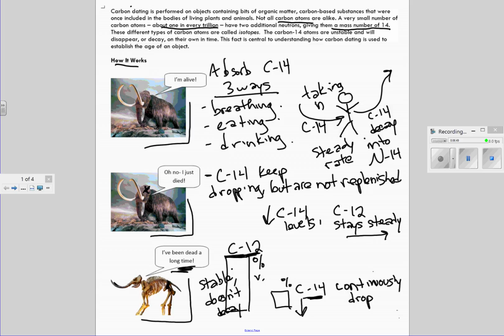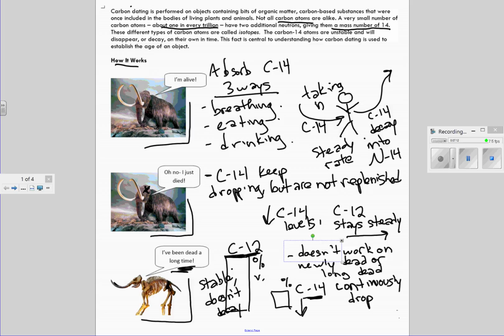So one thing to know is that this does not work on newly dead things. They haven't been dead long enough. Or, long dead, meaning this is not going to help you date dinosaur bones necessarily.